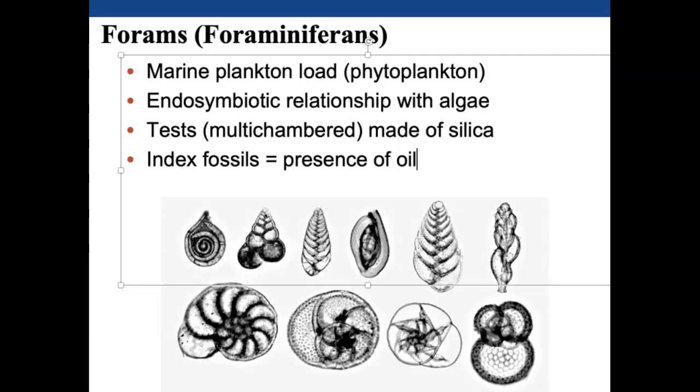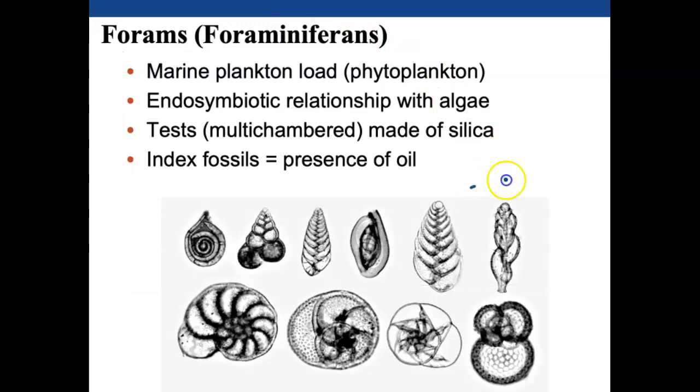So when we go to the ocean and decide to drill the ocean floor for oil, often a geologist will take a core sample, drill down into the ocean floor, pluck out a tube of sediment, pull it up, and look for forames. Now, if they find a bunch of forames in here, that is an indication there's a good chance oil is present. It doesn't guarantee it.